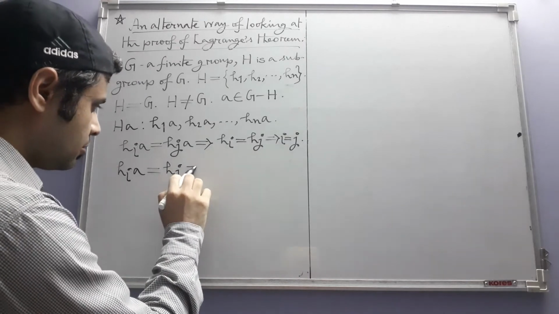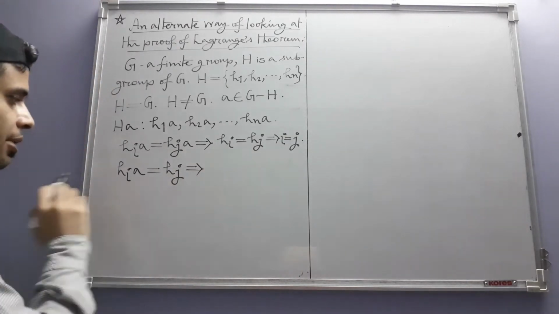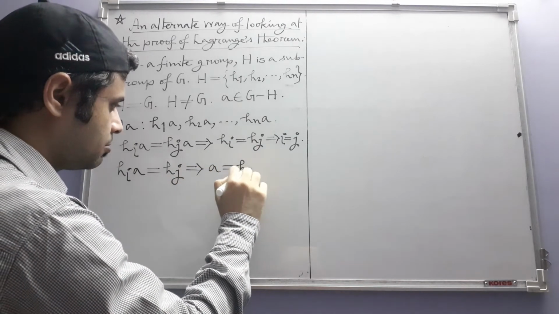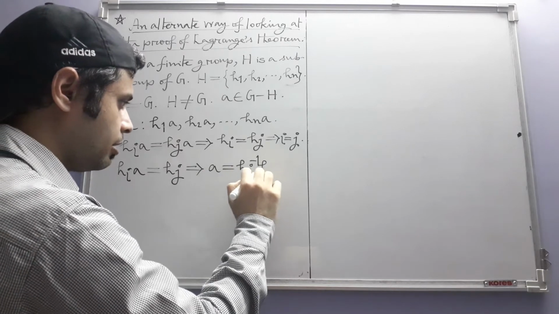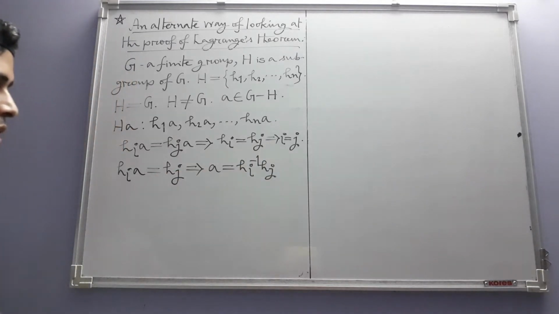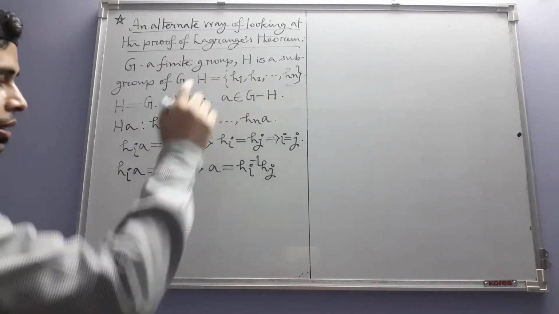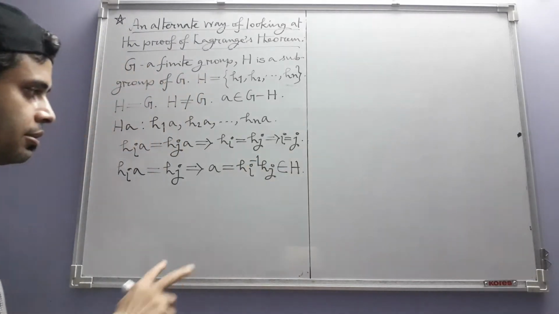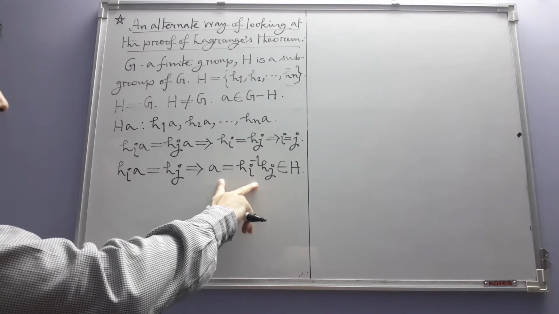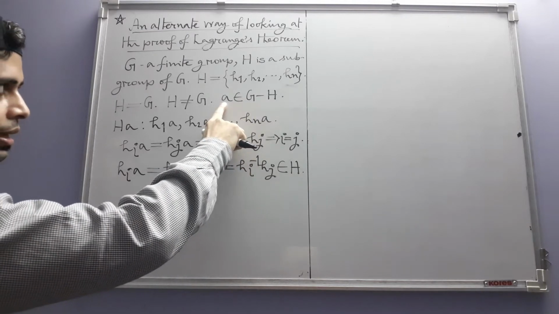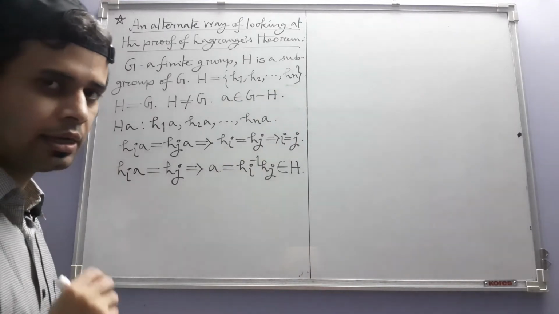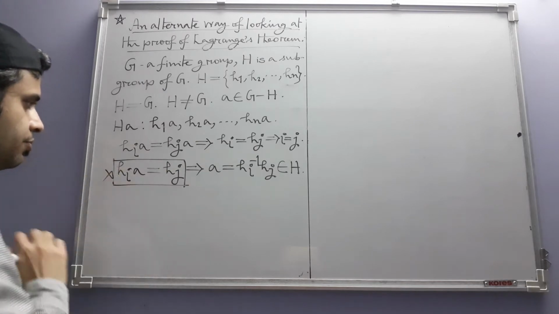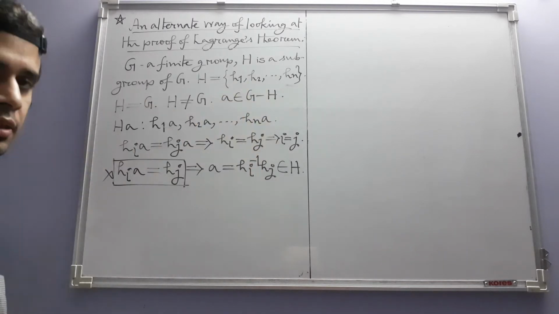Then multiplying both sides by HI inverse from the left gives us A equal to HI inverse HJ, but HI and HJ are elements in H, so this element will belong to H because H is a subgroup, but this itself is a contradiction. It contradicts our choice of A, that A is not in H, but this one says that A is in H. So this cannot happen. None of these elements can appear here.